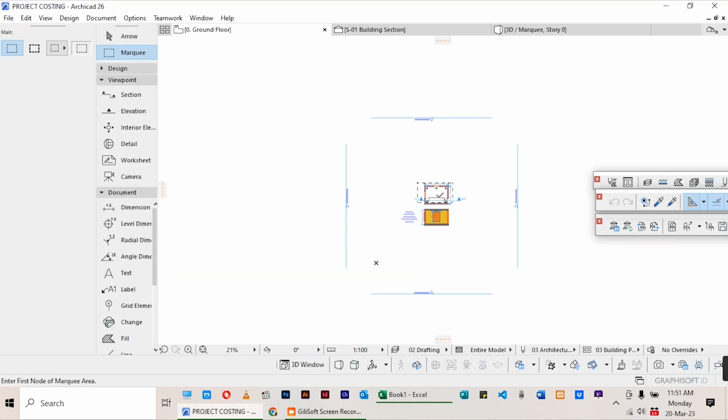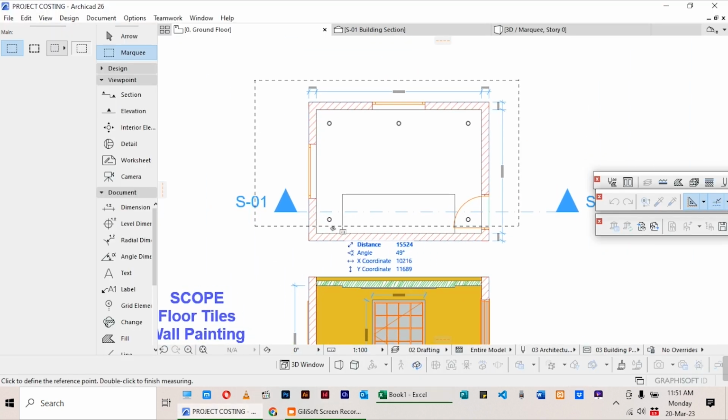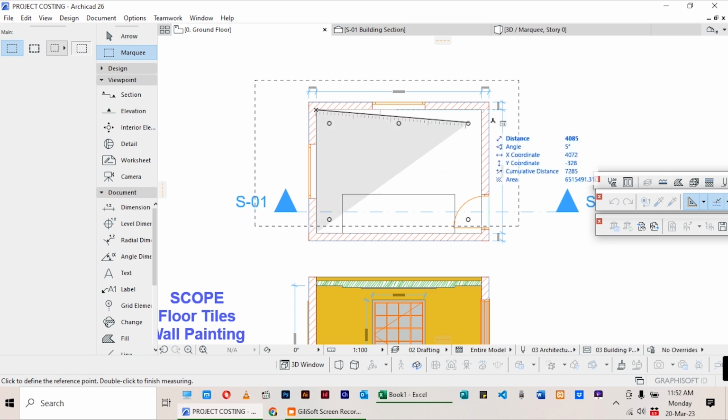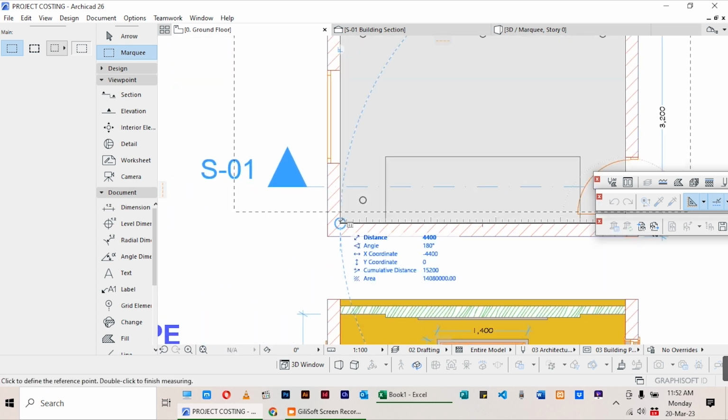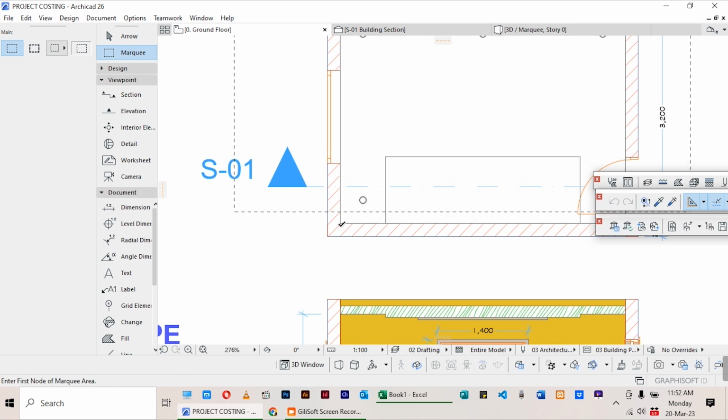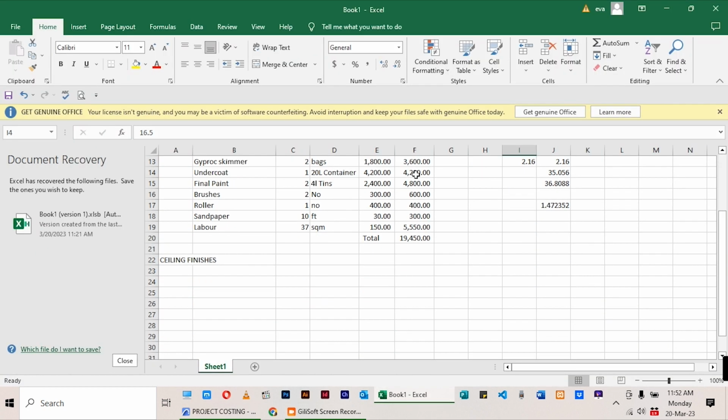Let's do it again for confirmation purposes. Use M. (14.08). Come here. 14.08. That is the total area of our ceiling.